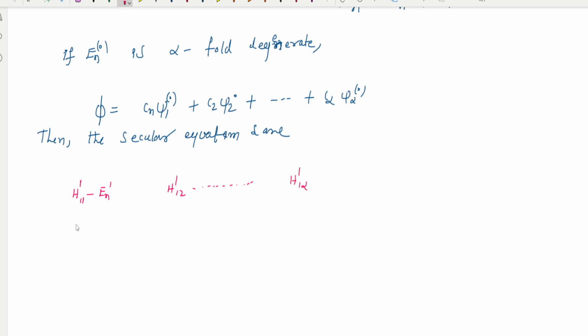The second one is H'22 minus En^1, and so on, H'2alpha, and so on.